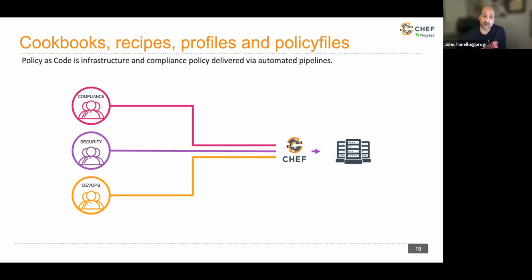Because everybody wants to make sure that their systems are safe and that they're open just enough to do the work that they do. For example, a web server may only need port 443 open and not anything else. So you're really looking at a lot of different ways to secure everything that you have through the code.